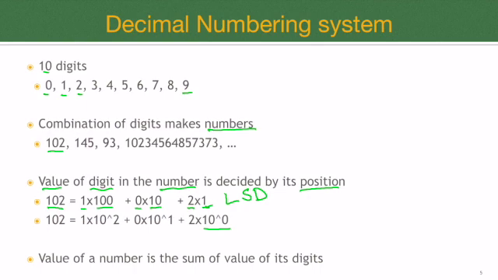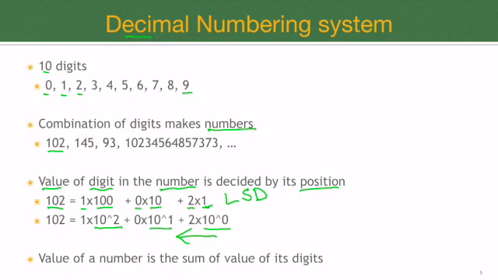For every subsequent digit on the left hand side, the value is increased by 10 because it's a decimal numbering system. So this is 1 multiplied by 10, and that gives you 10 raised to the power 1. The next value is once again increased by 10, so it becomes 10 multiplied by 10, and that is 10 raised to the power 2.